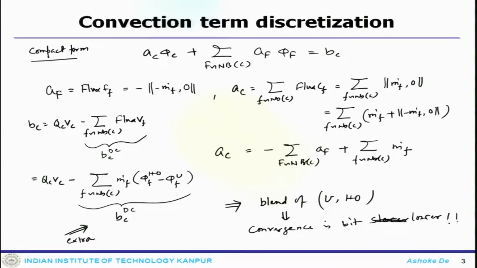So, having said that, when we talk about all these things, the two issues which are very pertinent when you discretize the convection term are, one, numerical diffusion, and the other, numerical dispersion.